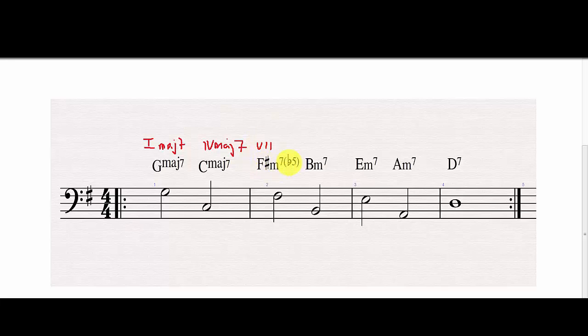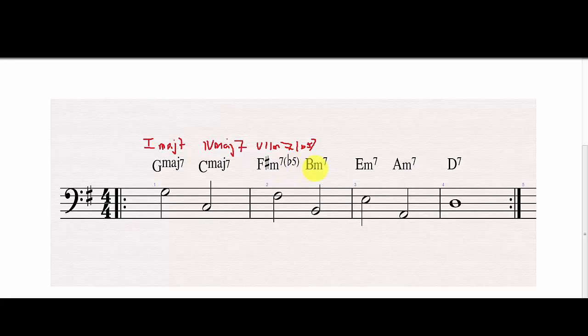But because it's a 7th chord, we usually put what it is, so we'll put 7, and then minor 7, and then flat 5, like that. But usually people just put 7 chord. That's basically the correct one.